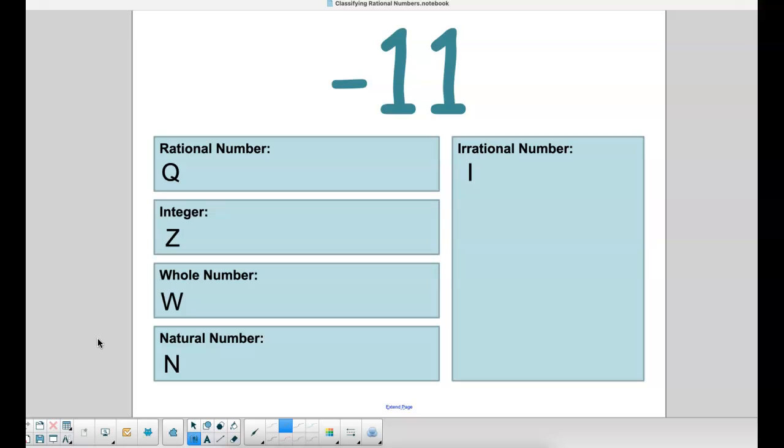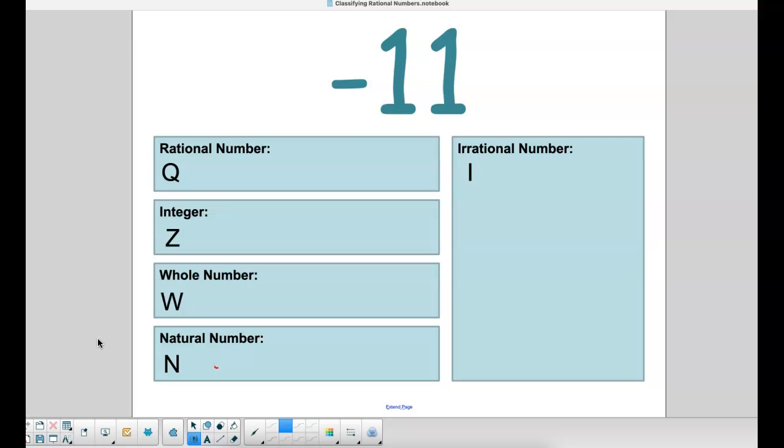All right, negative 11. Would you naturally count to negative 11? No. When you were 3, did you count to negative 11? No. I don't care what kind of language you were speaking, whether you were speaking gibberish or baby talk or whatever. 1, 2, 3. You did not count to negative 11.